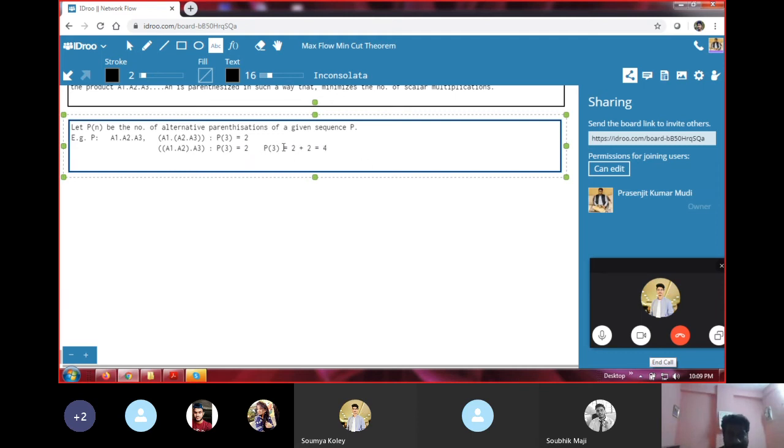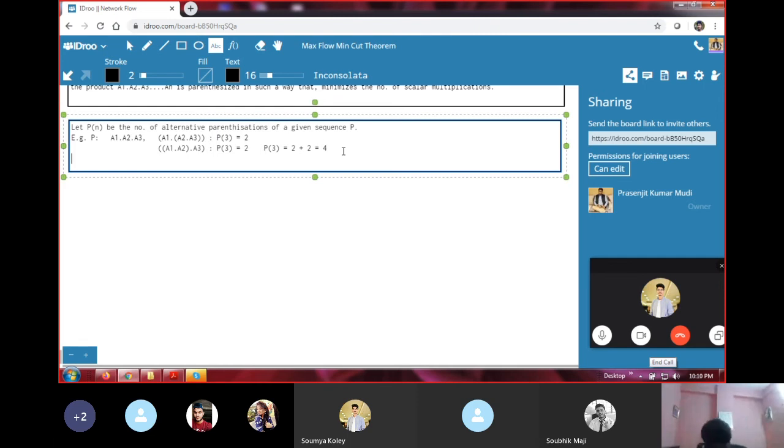So this is your Pn, the number of alternative parenthesizations of a given sequence. A given sequence may be parenthesized in many forms, and for all the parenthesizations you calculate the number and sum them up. You will get the total number of alternative parenthesizations for a given sequence P. That's what I mean to say.